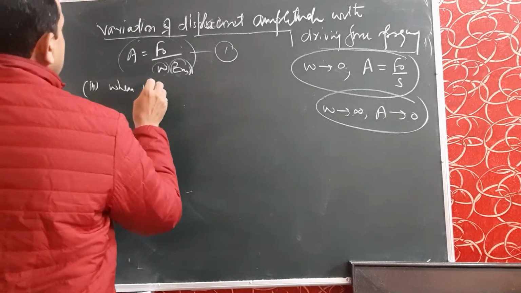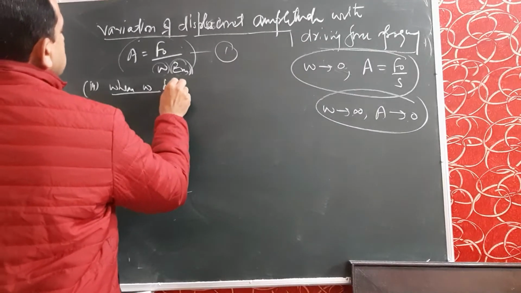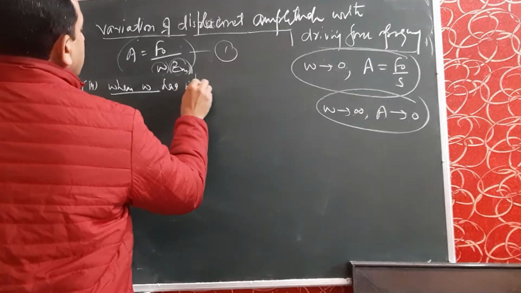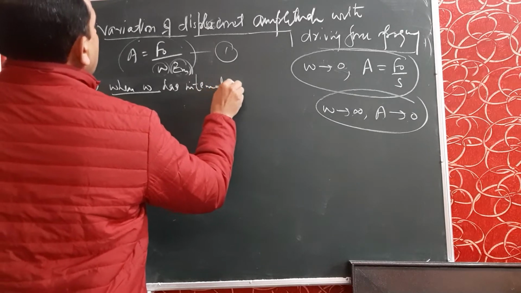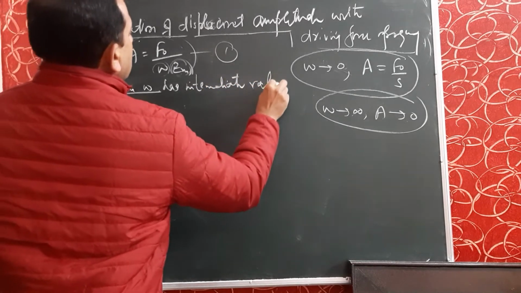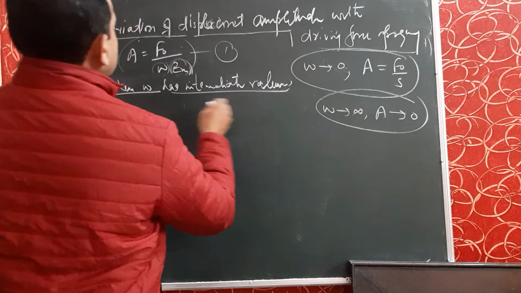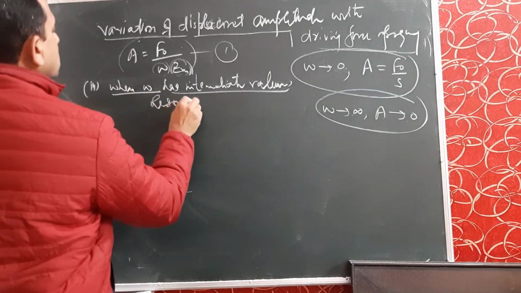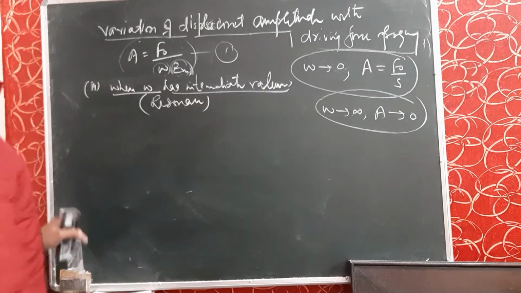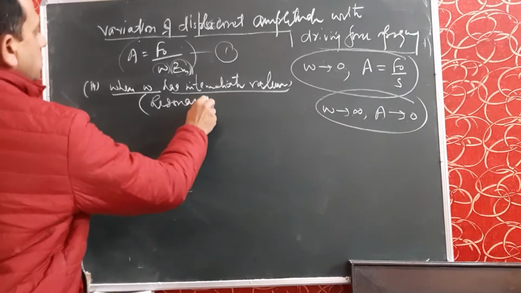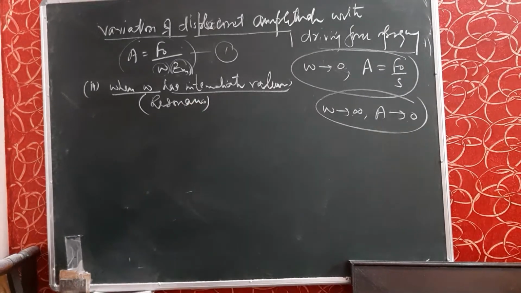when omega is at resonance, or omega has intermediate values, that is called the resonance condition. So what is resonance?